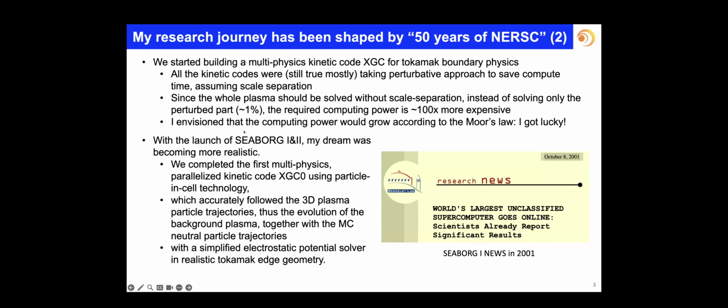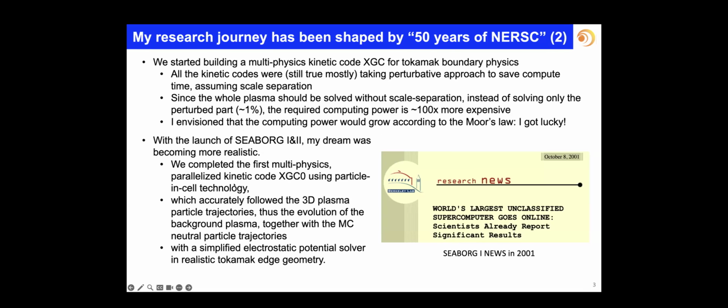Then I envisioned that the computing power would grow explosively according to Moore's law, and I got lucky. I was right on one thing here. And then with the launch of Seaborg 1 and 2, my dream was becoming more realistic.